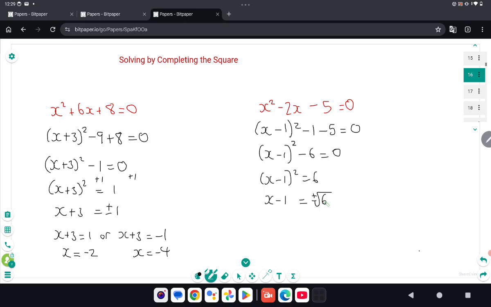We'd have a decimal as our answer, so we're going to leave it in surd form to make it more accurate. So we've either got x minus 1 equals positive root 6, or x minus 1 equals negative root 6. And then we need to add 1 to both sides. So x is equal to root 6 plus 1, or x is equal to minus root 6 plus 1.